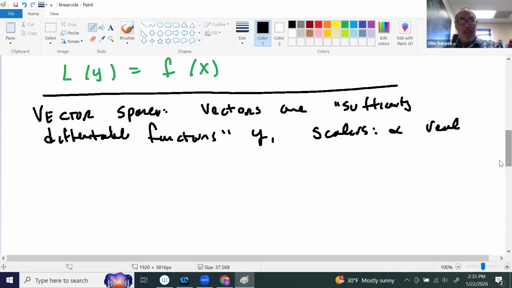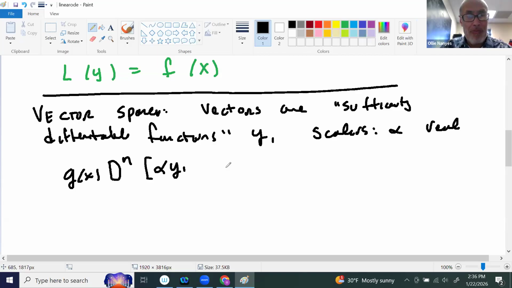Then the first thing you realize is that if you have any differentiable function, say g of x, and let's look at the nth derivative operator, and suppose you apply it to alpha y1 plus beta y2, where alpha and beta are real scalars.